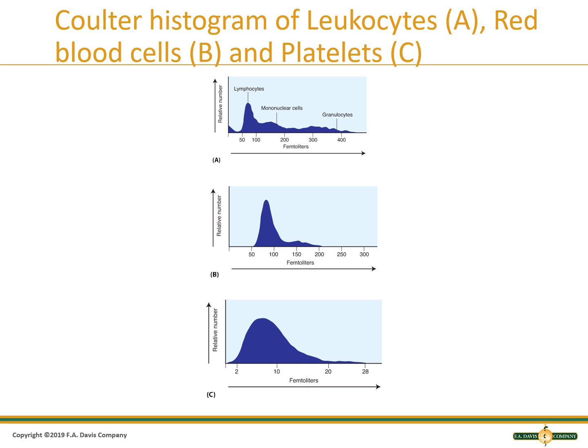You can see how the lymphocytes plot. Mononuclear cells are monocytes, and then your granulocytes. This diagram marked B shows the histogram for your red blood cells, and C is the histogram for your platelets.